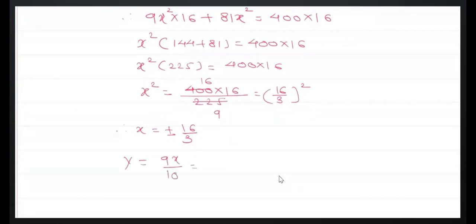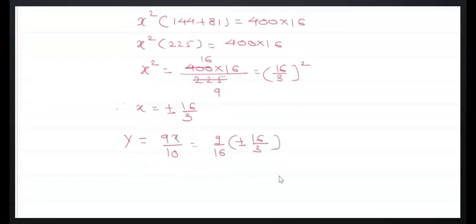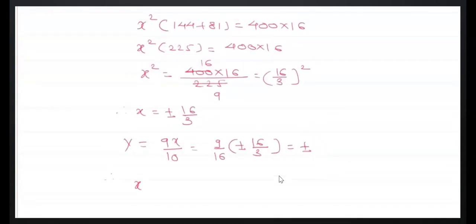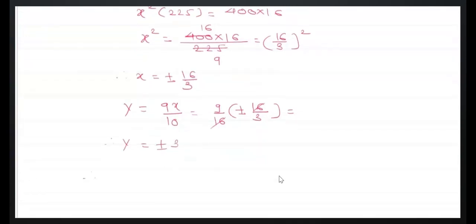y is equal to 9x upon 16. We substitute the value of x, that is, y is equal to 9 upon 16 in bracket plus or minus 16 upon 3. Then you will get the value of y equal to plus or minus 3.